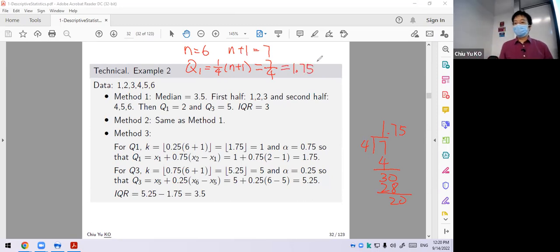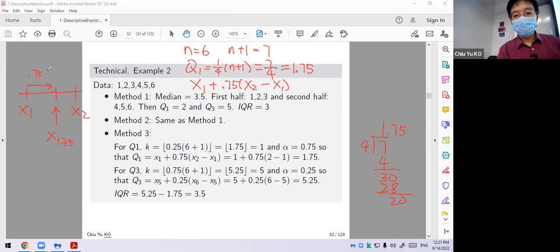According to the formula, it is x1 plus 0.75 of x2 minus x1. Let me explain this formula again. x1 is here, x2 is here. We want x1.75. So what we do is start from here and go 0.75 of the whole distance.